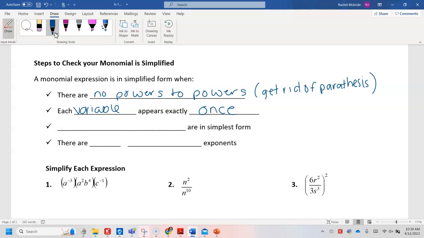All fractions are in simplest form. That means both numbers and variables. And the big one, there are no negative exponents.